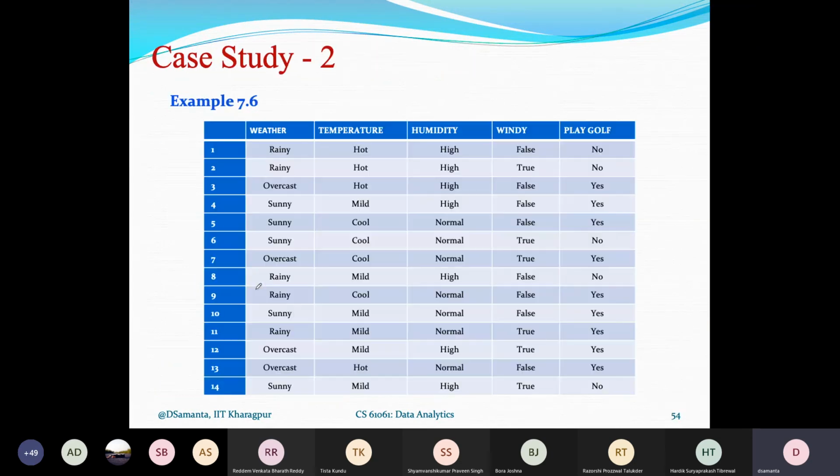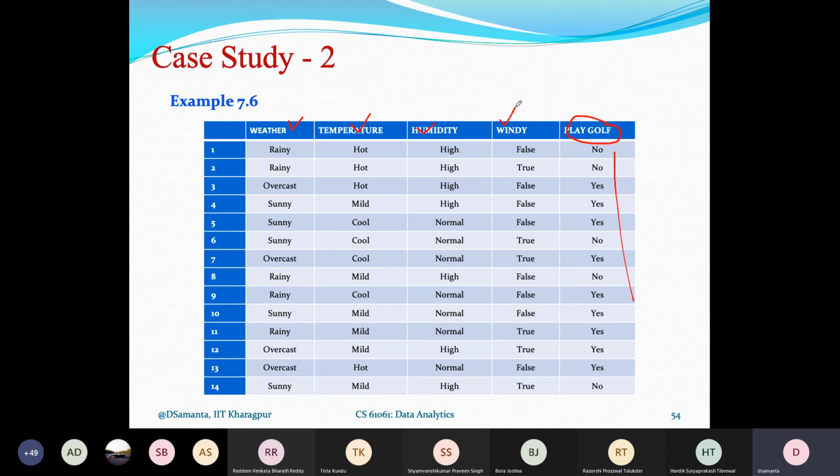I told you there is another example here. Again it is a binary class classification problem, and this is the class label, whether golf play will be there or not. So again two classes, yes or no. And again it is an example having categorical attributes. Weather is one attribute, then temperature, humidity and windy.